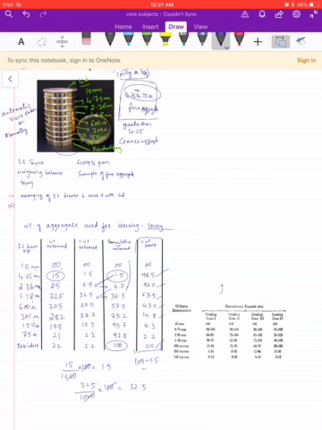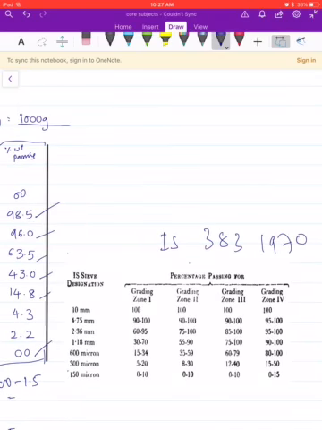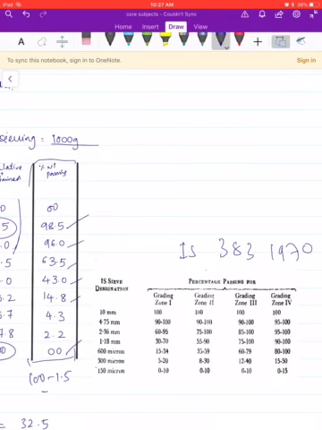From IS 383 1970, we have got this table with different zones, that is grading zone 1, grading zone 2, grading zone 3 and grading zone 4. Now what you have to do is compare the percentage weight passing with these zones.